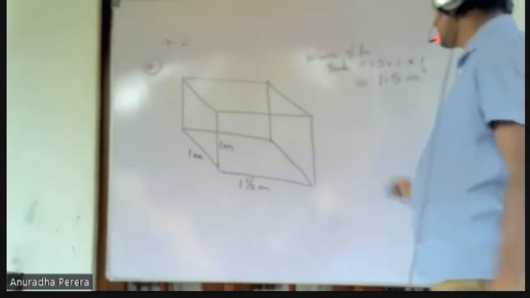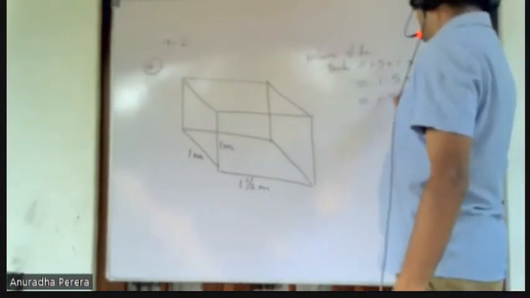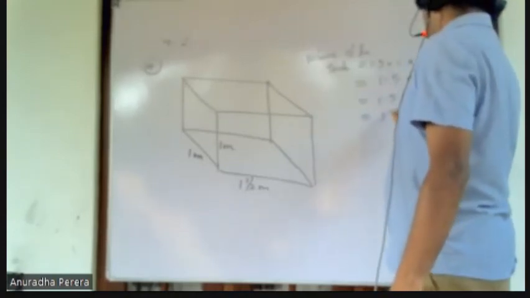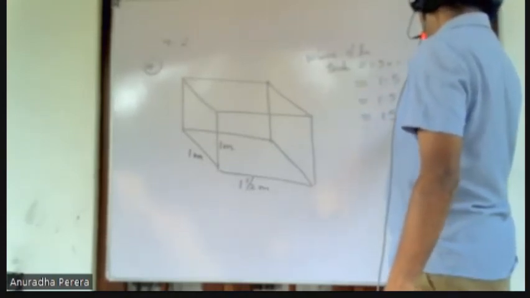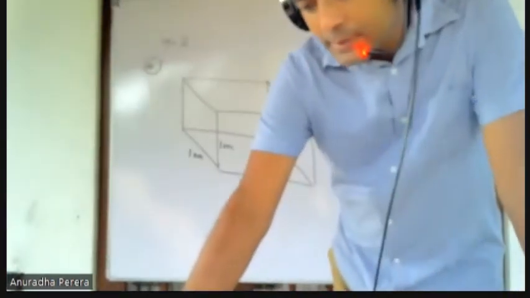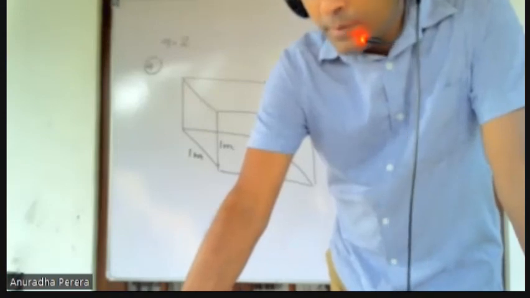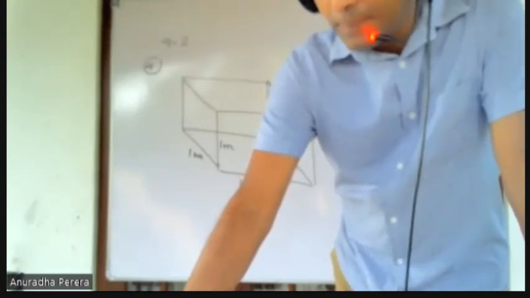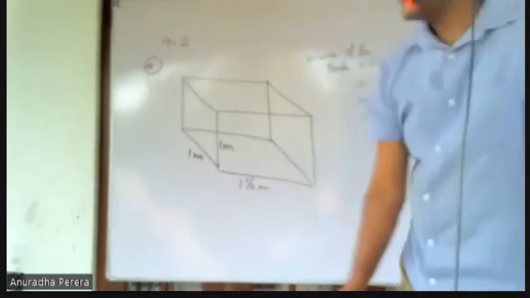In liters, this has to be multiplied by 1,000: 1,500 liters. A person requires on average 150 liters for a day.